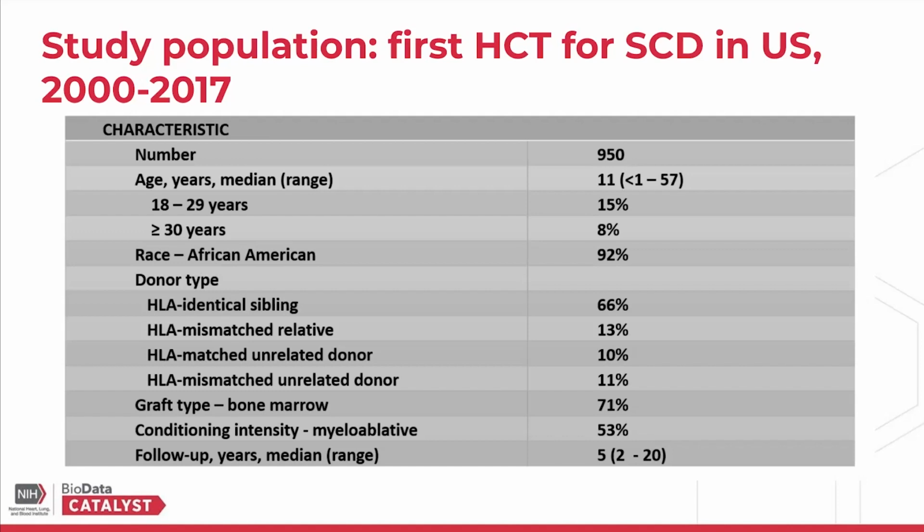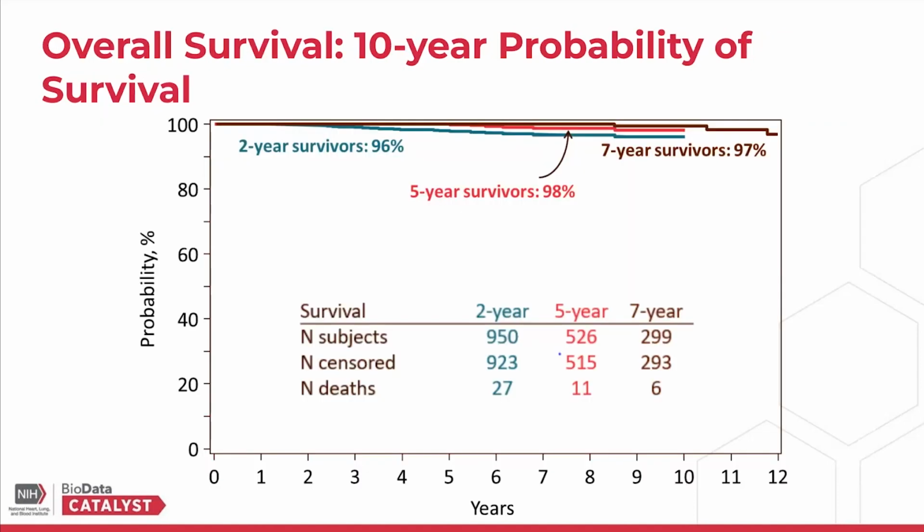Next slide, please. So overall survival for patients who had survived at least 2 years after transplantation was excellent. The probability of surviving for another 5 years, so 7 years after transplant, was 97%. And the probability of surviving for another 8 years, or 10-year survival, was 96%.